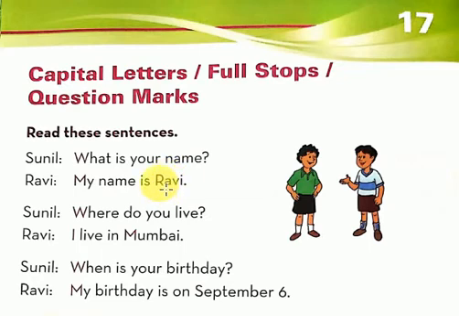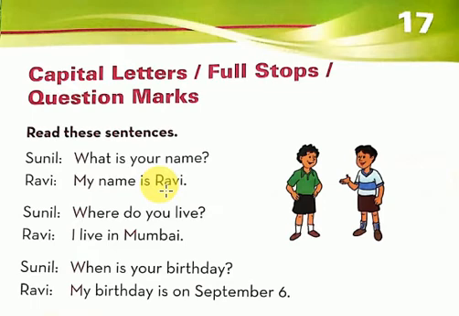Ravi is the name of a person, the name of the boy, so it also starts with a capital letter. So the first letter of the sentence should be capital, and then if any name of a person, place, month or day comes in the sentence, it will start with a capital letter.